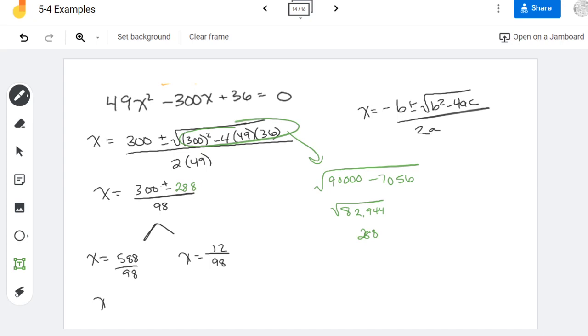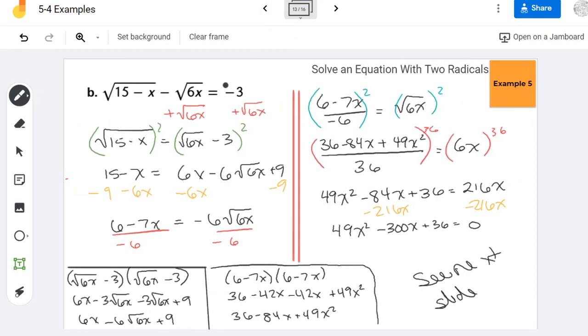Oh, that's because I didn't type in the calculator right. It is cleanly. It is divided by 6. And then here, well, 98 is even, so it's divisible by 2. We know that it's 49 times 2, so I'm going to call it 6/49ths here. And so those are my two solutions that I need to go back to the original and check.